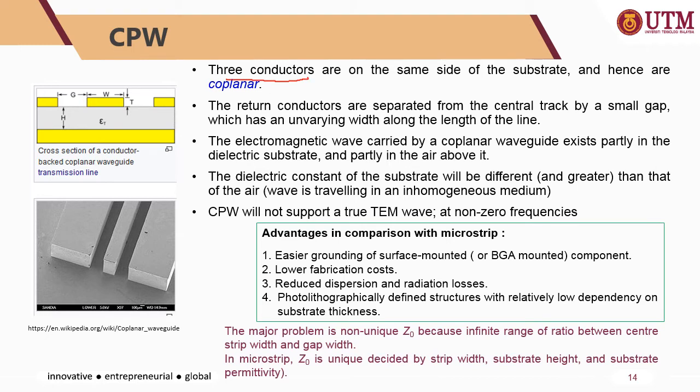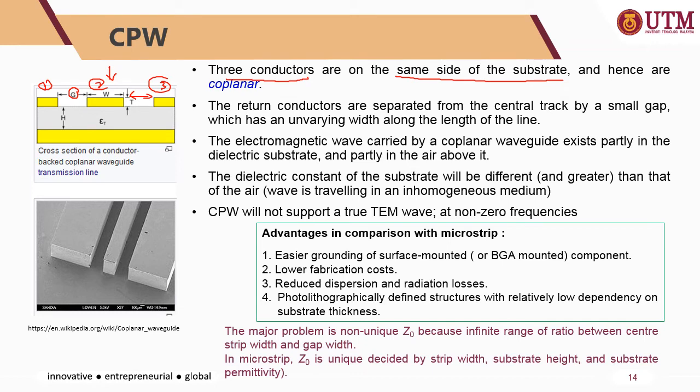You have three conductors, the first one, the center one, and the third one, printed on the same side of the substrate, just like the microstrip line, hence it is called coplanar. The return conductors, meaning the first one and the third one, are separated from the central track by a small gap, G, the gap in between those conductors and the central line.